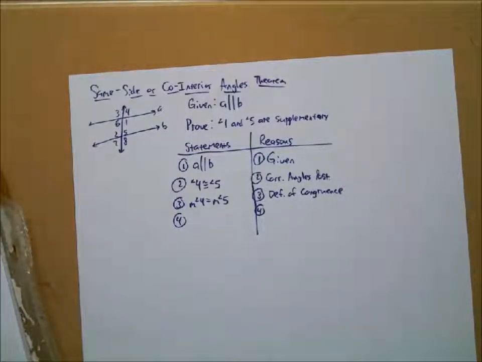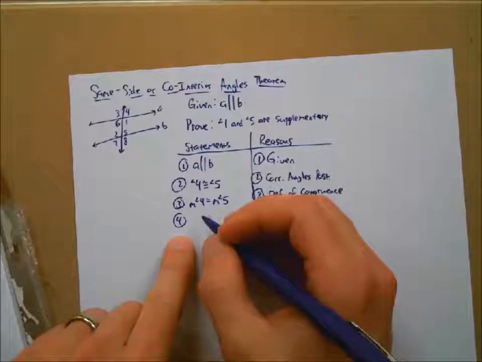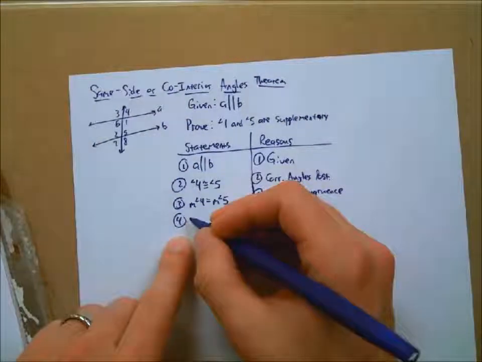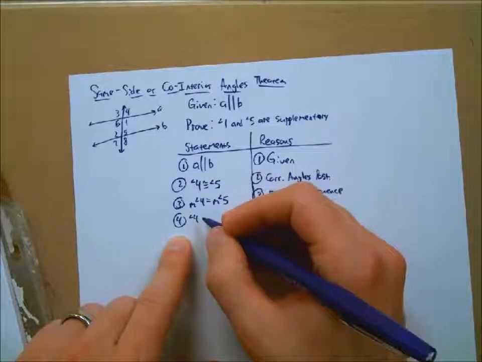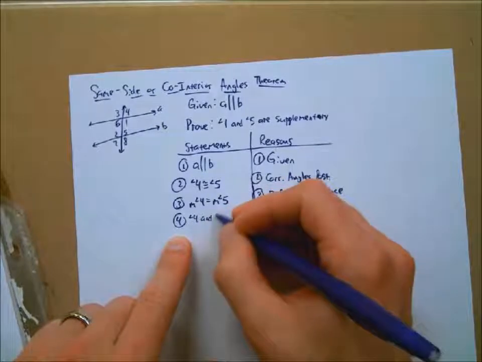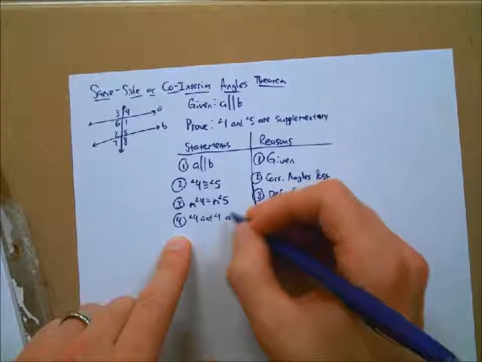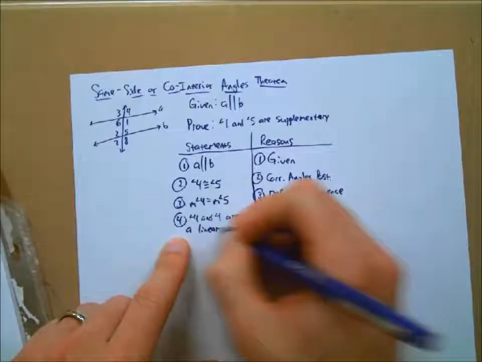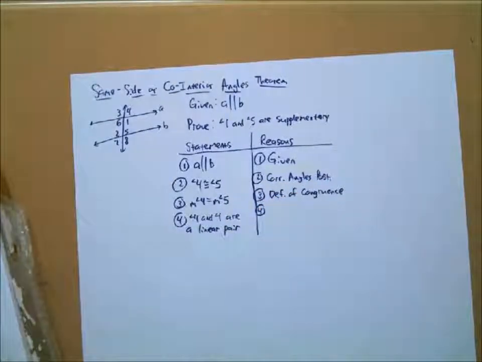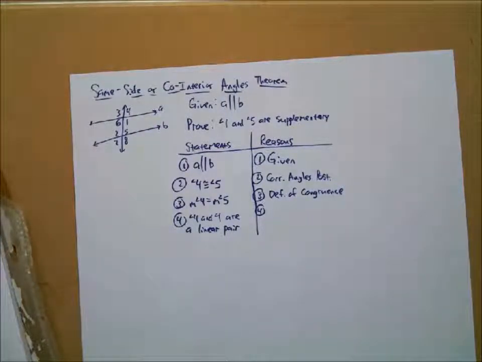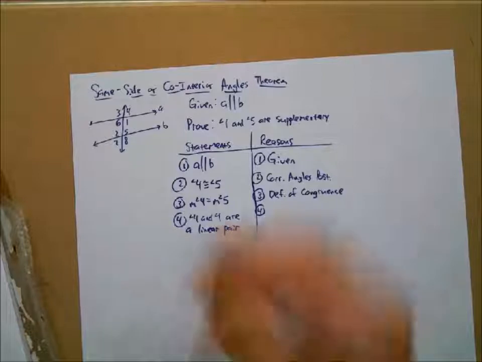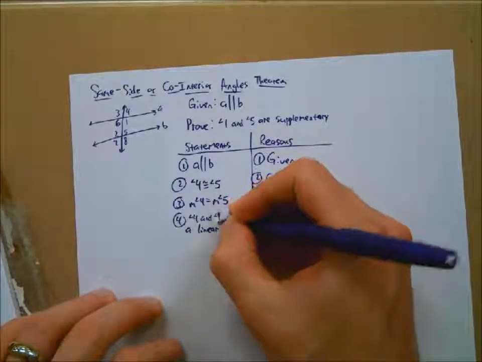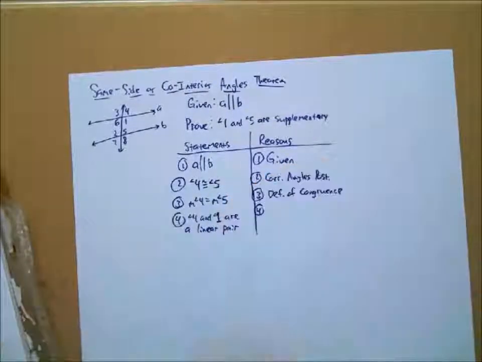Okay, so the next thing we're going to say here is that angle 4 and angle 1, and that looks like a 4 that I just wrote there, are a linear pair.